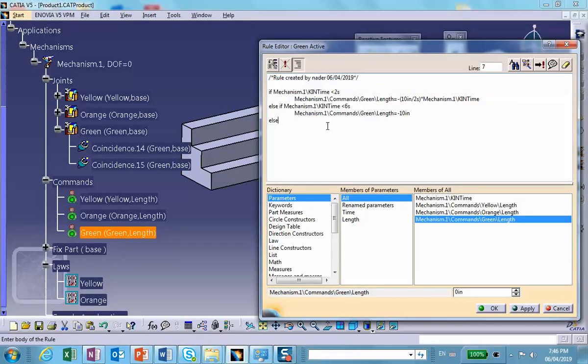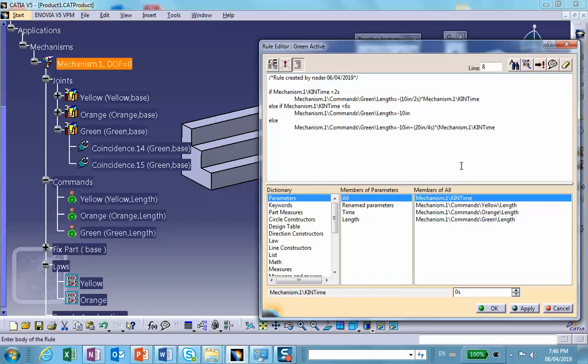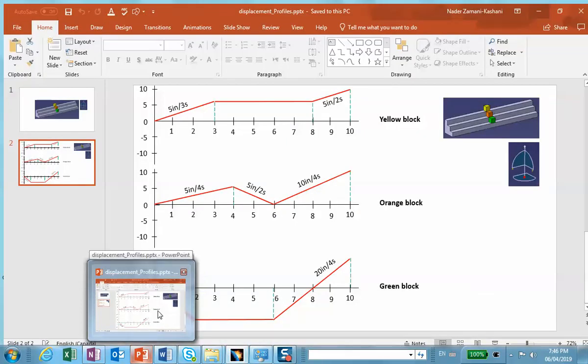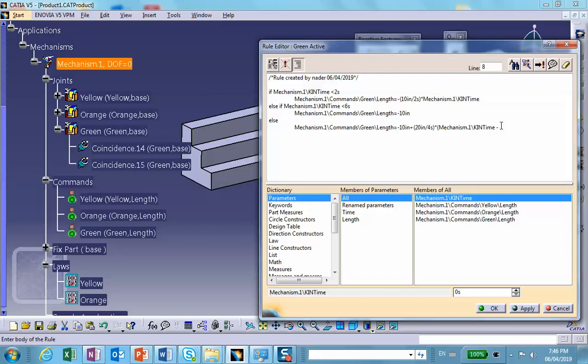Else this command equal to where it was before, which was minus 10 inches, and add to it that speed of 20 inches in 4 seconds times parentheses time minus 6 seconds.